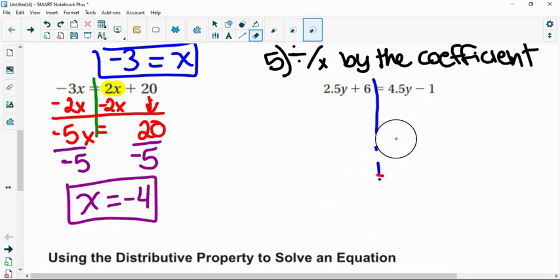In that first example I made up here, I said, let's take the 4.5y and move it over to the 2.5. It's positive. So to move it to the opposite side, the opposite is a negative.